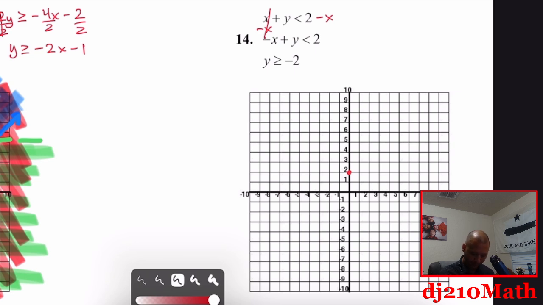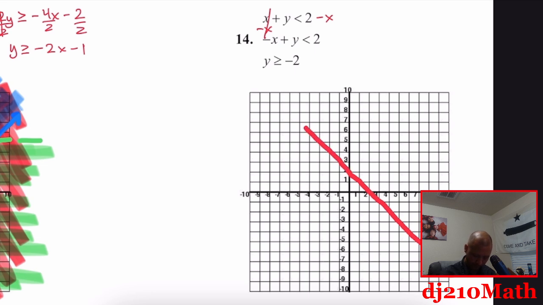So down 1 and to the right 1. You really can't see it, but. And we want to shade below because it's less than. Below.